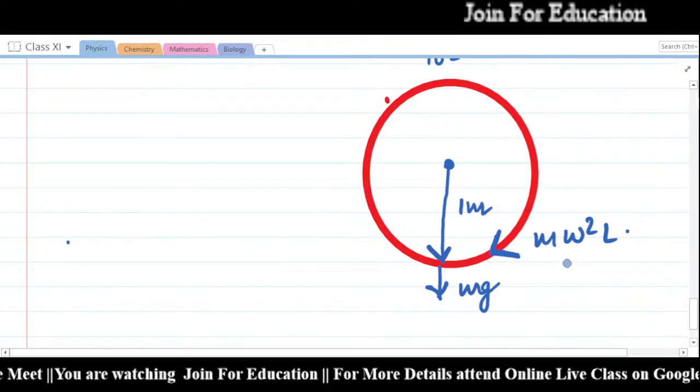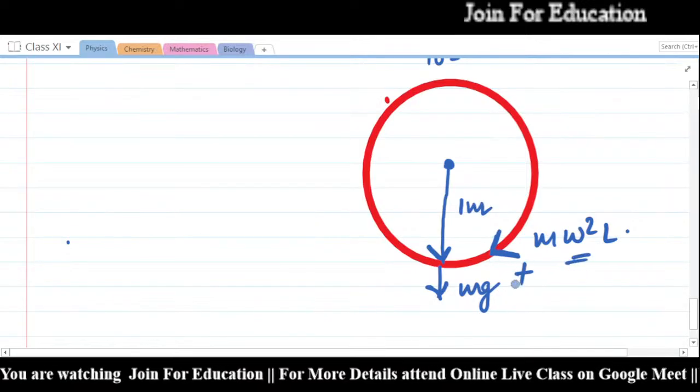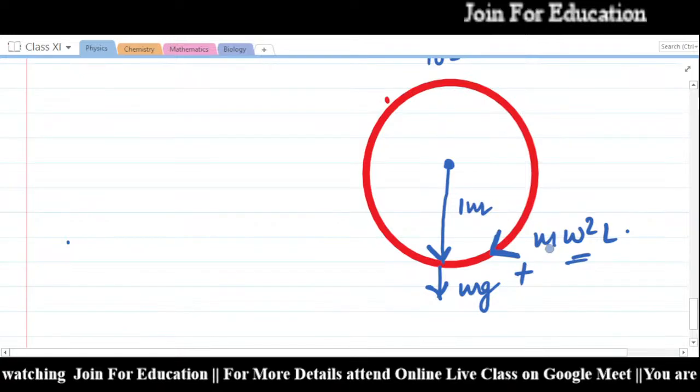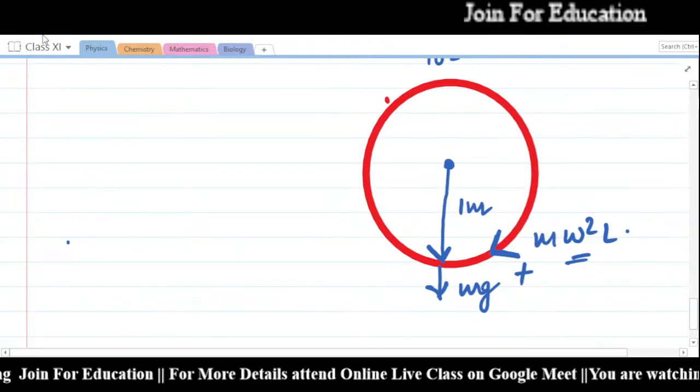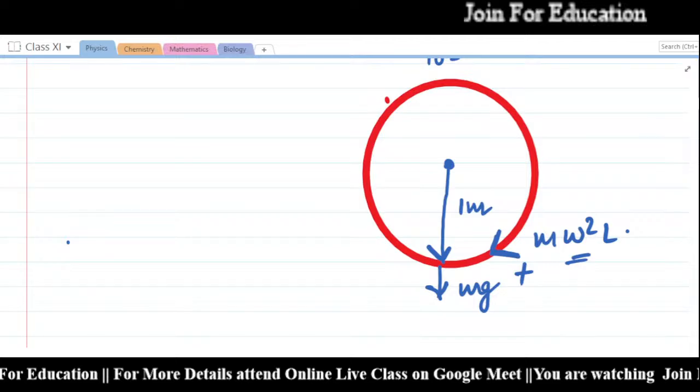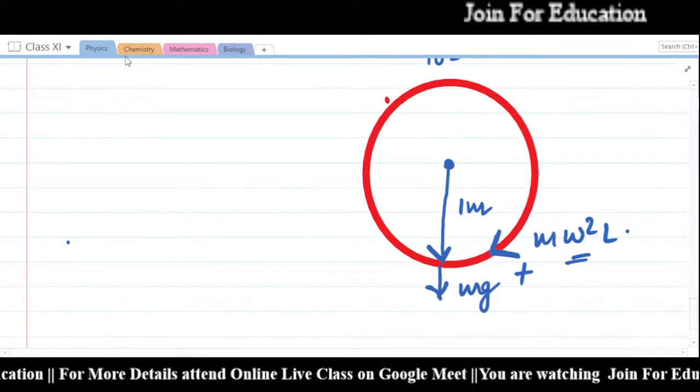Already in the rough work I have discussed this one. So the total force will be mg plus m omega square L. Now we recall Young modulus to find out the elongation.